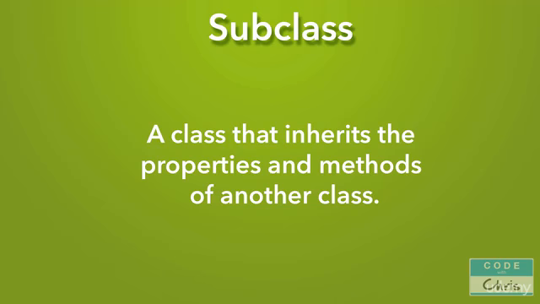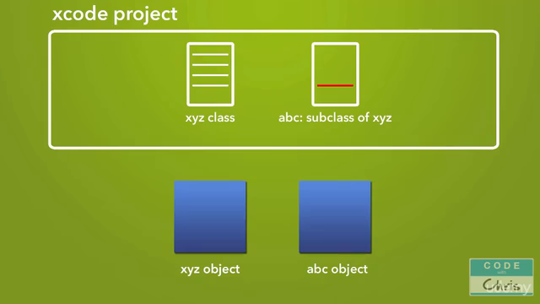So going back to our scenario with the two similar components, we can write one class to describe the behavior of the first component. Then we can write a second class and declare it as a subclass of the initial class that we wrote. When we do this, the second class has all of the properties and the methods that we declared in the first class, and you don't have to rewrite or redeclare all of those properties and methods.